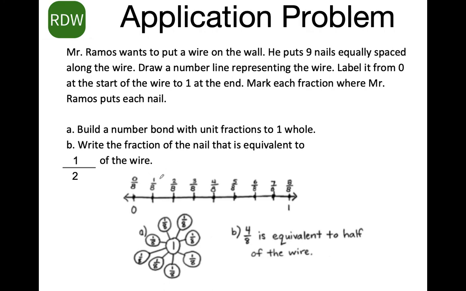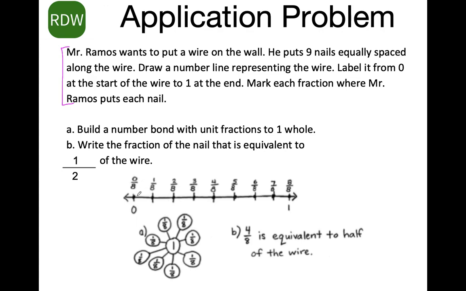Okay, so here we are. For those of you looking at this screen, you're going to see I labeled my number line. I did this ahead of time so you can see it more clearly. This was part of that beginning paragraph. We were to label it from 0 to 1. We figured out there were 8 equal spaces, so we were talking about eighths.